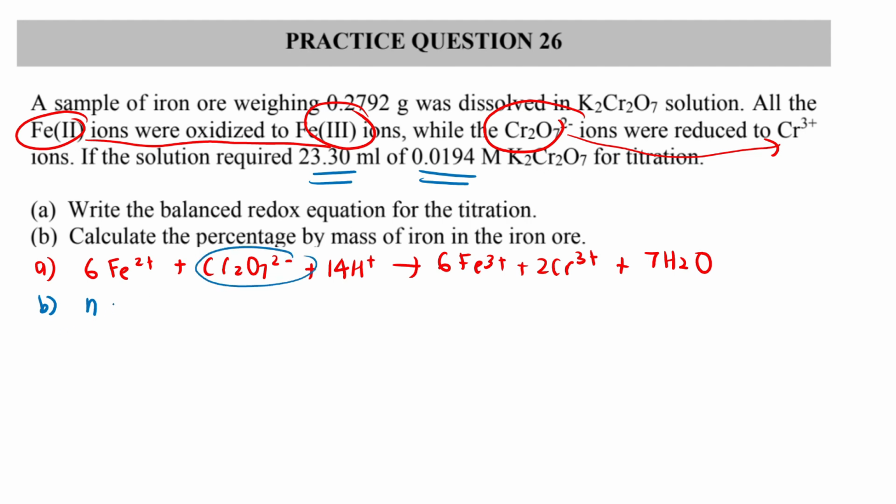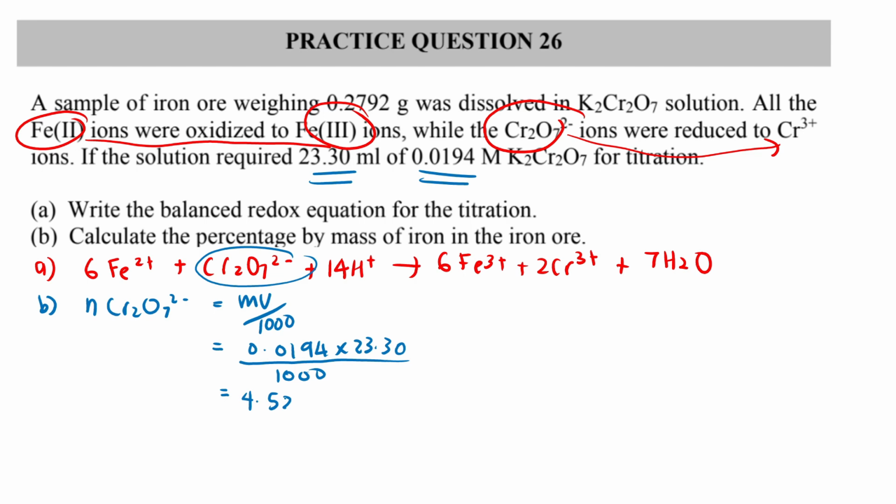So calculate the mole of Cr2O7 2 minus using the formula MV over 1000. Molarity 0.01 times 23.30 divided by 1000 gives 4.52 exponent negative 4 mole.